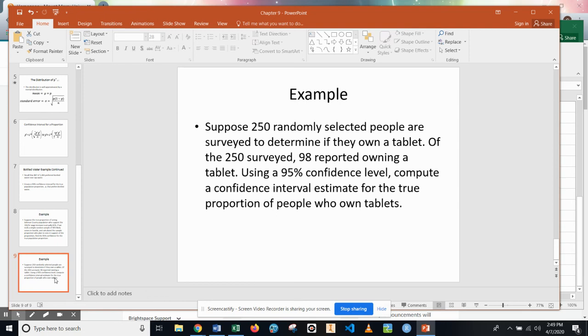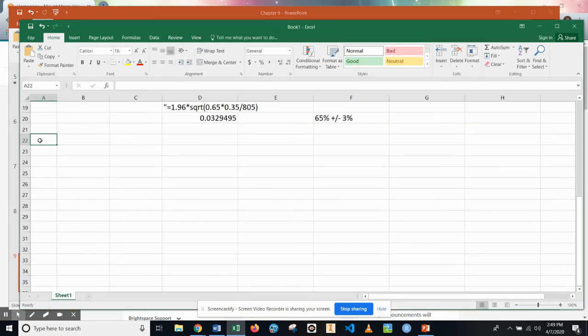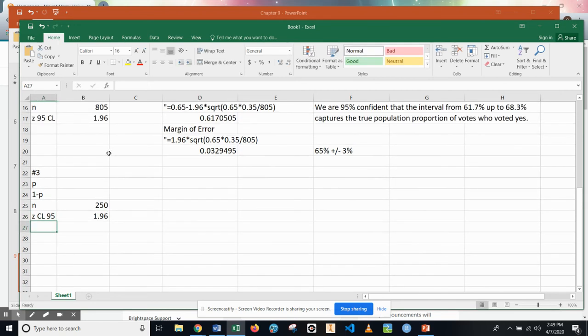We're going to estimate the true population proportion of those who own a tablet. So we're number 3 here. We'll have P, 1 minus P, N was 250, and a Z for confidence level 95%. We already did that on the last problem, but you can go back up and look at the table.